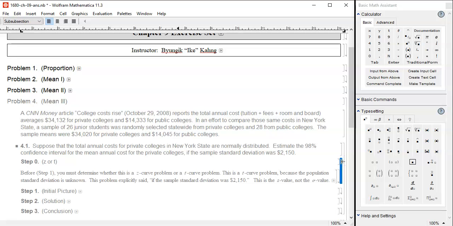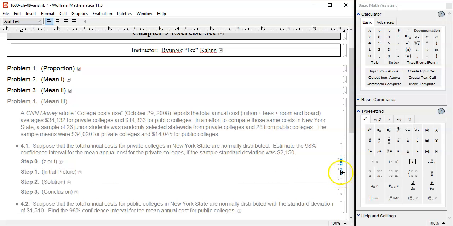Whether it's z or t, well, it's a t-curve problem. Normally distributed, criterion number 1, and we only have the sample standard deviation, not the population standard deviation. And finally, small sample size, just 26.